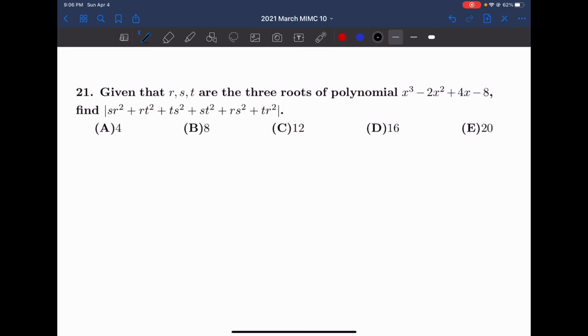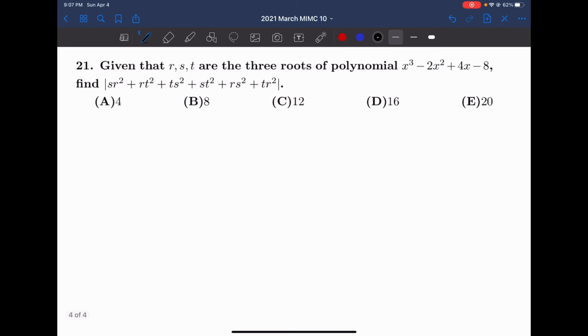As we step into the last 5 problems, the difficulty will significantly increase. So number 21, the difficulty is okay, and most importantly in this problem we're going to utilize Vieta's formula. So let's write out most of the things that Vieta's formula tells us in a cubic function.